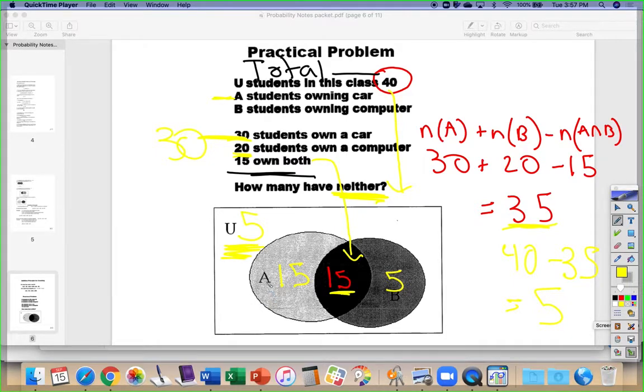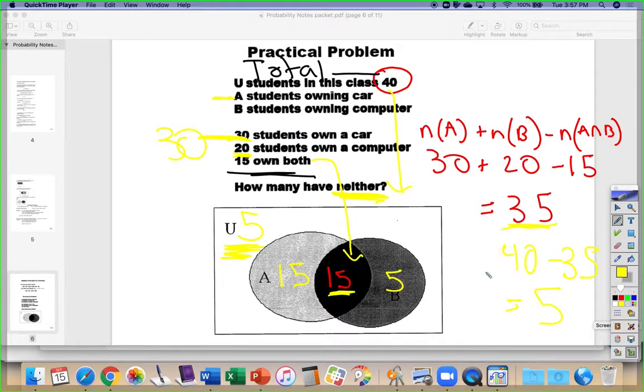Essentially, to sum it up, when filling a Venn diagram, you have to remember that 30 represents the whole circle. So if 15 are here, then 15 can only be here. And if 20 is this whole circle, and 15 are already here, there's only room for 5 more. And if 40 is the whole box, then there's only room for 5 more.